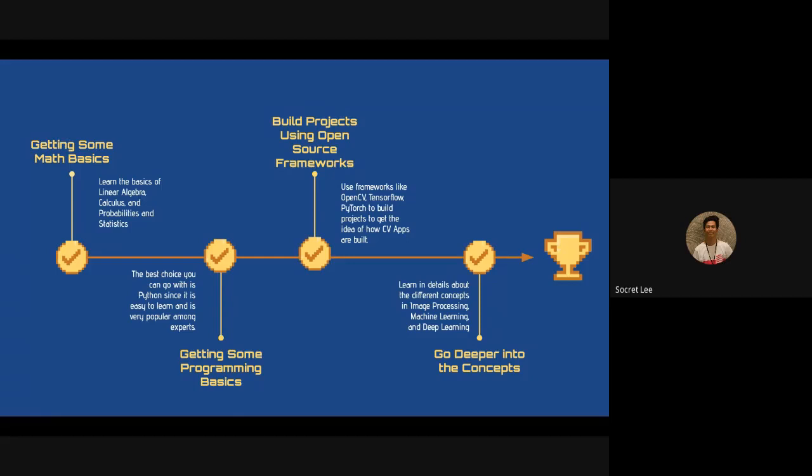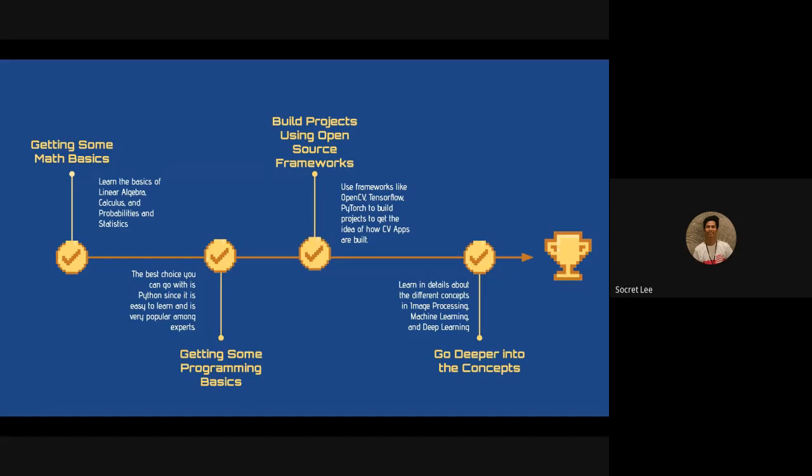The reason why you need to know linear algebra, calculus, and probability is because a lot of the focus of computer vision today is mainly through the lens of deep learning, and therefore these three mathematical areas are essential in deep learning.